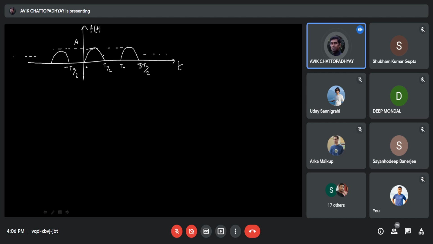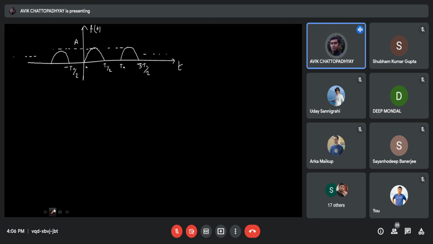Now, what do you have to do in this case? Find out the even part. The formula I wrote a little earlier: f(t) plus f of minus t divided by 2. To get f of minus t from f(t), you just replace t by minus t. So what is on the right hand side will go to the left hand side, and the left hand side will go to the right hand side.